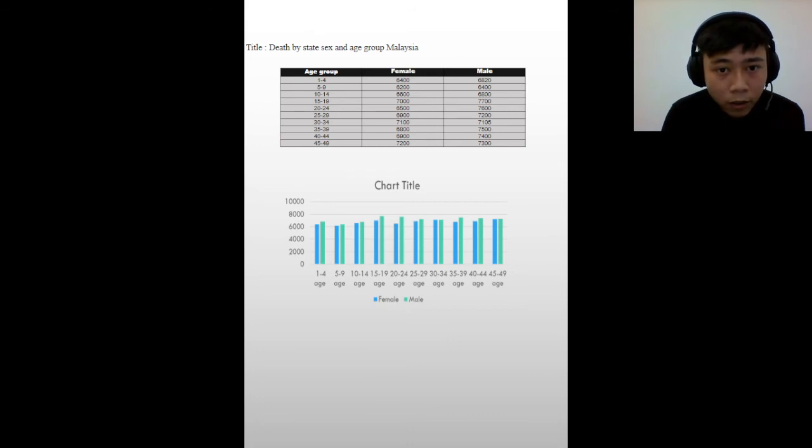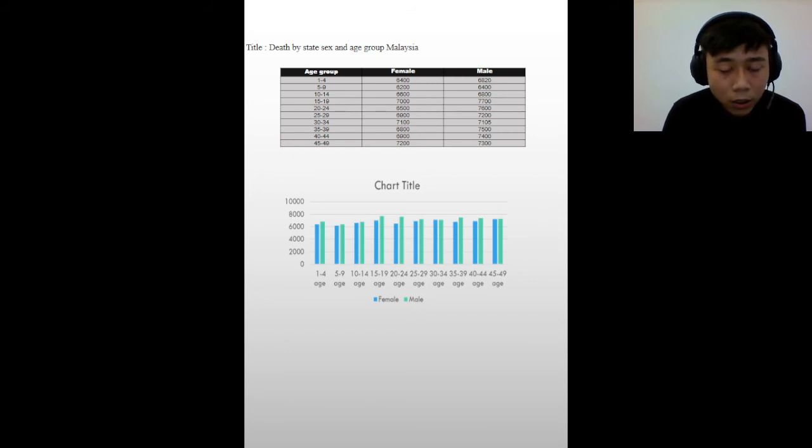In 15 until 19 years old, female has 7,000, and male is 7,700. In 20 until 24, female has 6,500, and male 7,600.